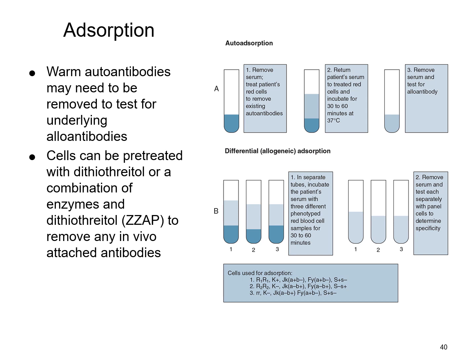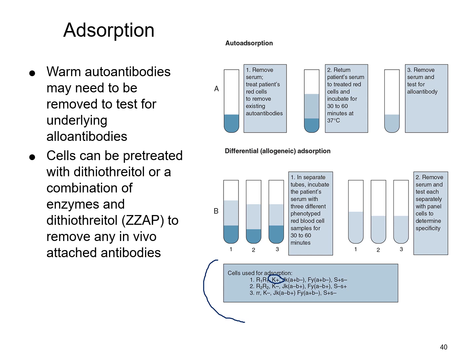And then with your alloabsorption, in a separate tube, you're going to incubate the patient's serum with the different phenotypes. Depending on what you're looking for, this particular one is looking for a particular makeup of these cells. So this is what they incubated it with, so that hopefully whatever you're trying to remove, let's just say if you're trying to remove Kell, it's going to attach here.